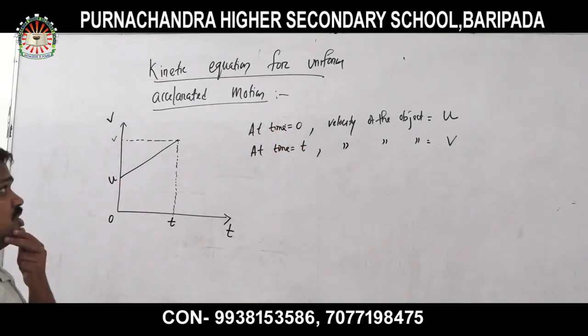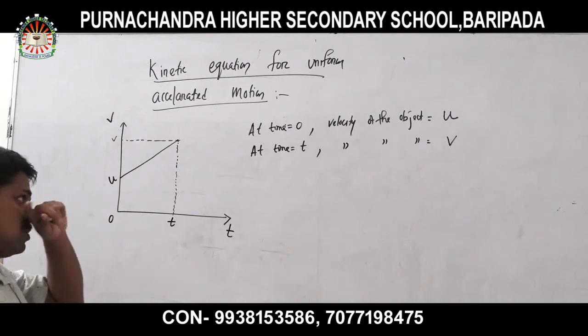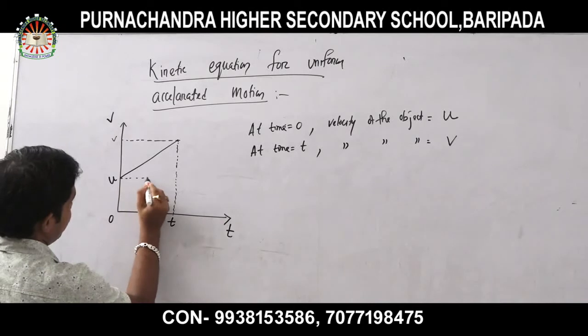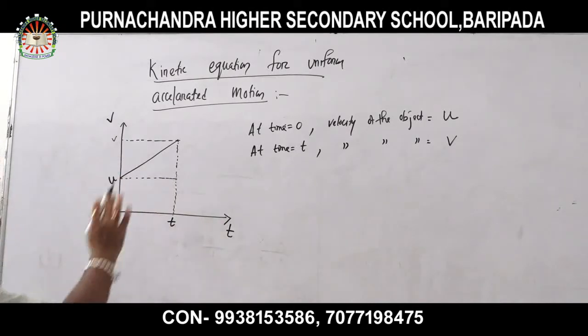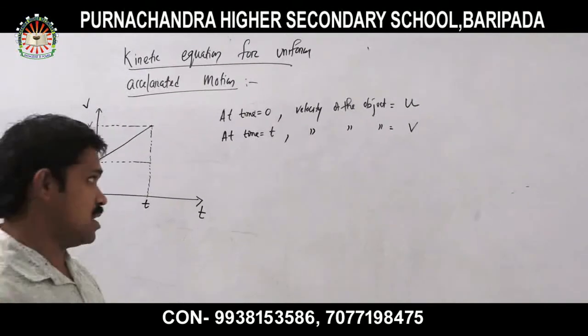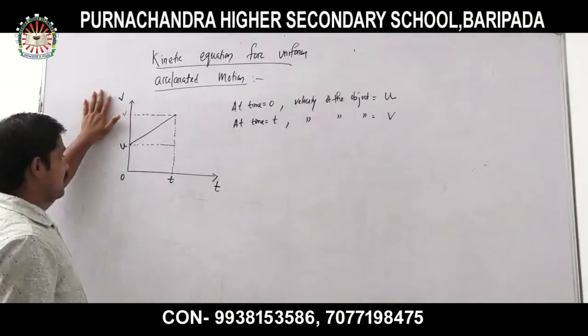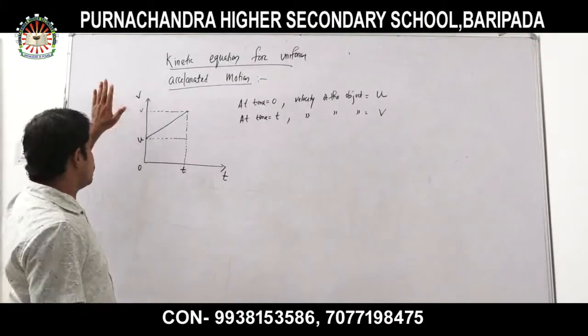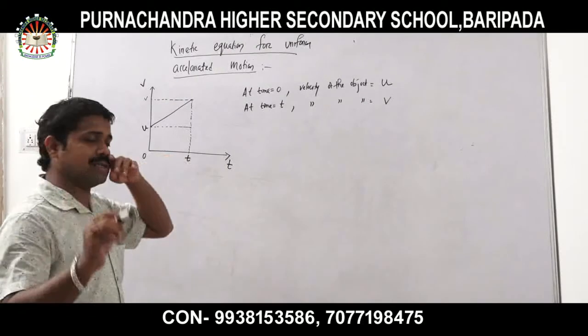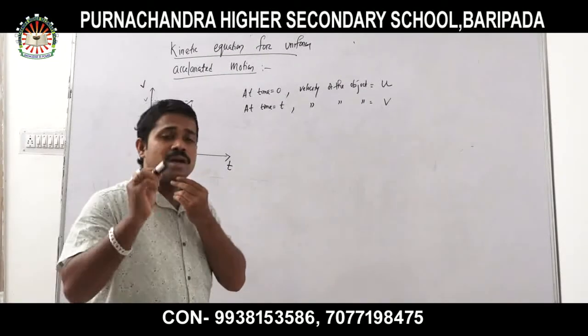So I have taken the velocity of the object as u and then v. Now just split the graph. One more very important thing I have to mention here: the area under the velocity versus time graph gives me what?